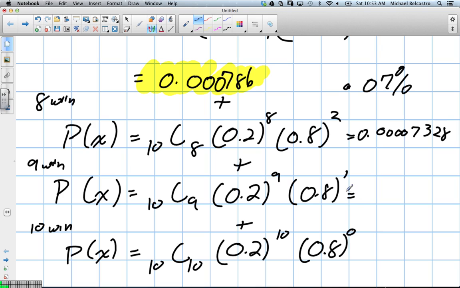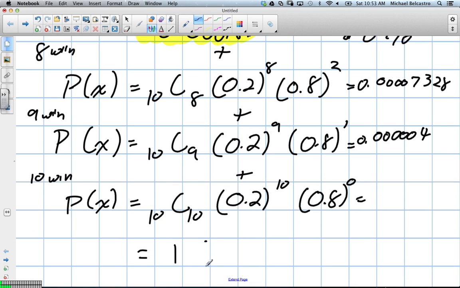Okay, let's try the next one. 10 combination 9, I know you can't see it on here, times 0.2 to the power of 9 times 0.8. Okay, this one's even smaller. And then finally, the last one, 10C10, I believe, is 1. And 0.8 to the power of 0 is 1. So this is 1 times 0.2 to the power of 10 times 1 again. So 0.2 to the power of 10, extremely small decimal.